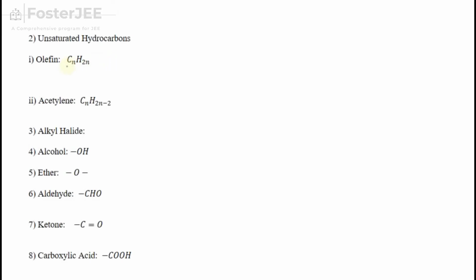That is why the general formula is CnH2n. Here, the suffix used for olefin is ylene. So, we can see that when two carbon atoms are bonded with one double bond, then the name is ethylene. These are all the common names of the compound.